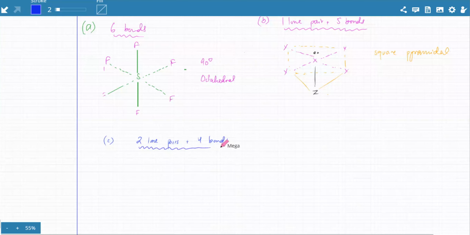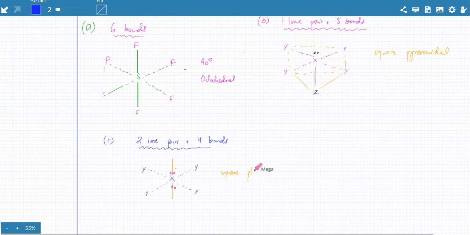Now this would be simple: there's going to be X, with bonds on the x and y axes, and on top and at the bottom there would be lone pairs. So on two of the sides where you had bonds previously, now you have lone pairs. Two of the sides are missing. So this is just square planar. It's going to be a flat planar molecule.